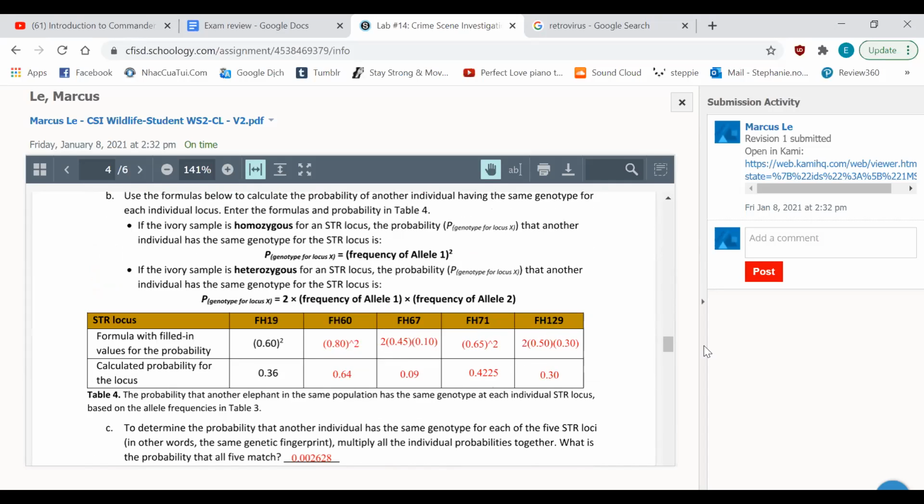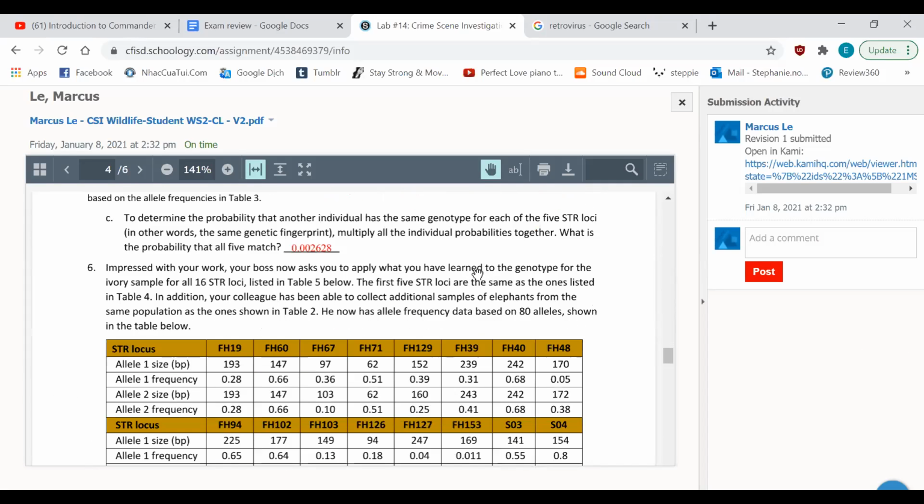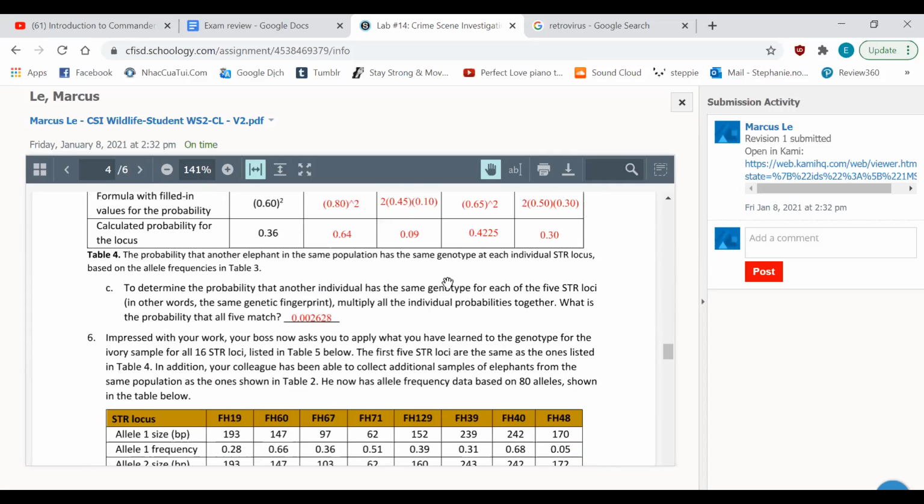Now, once I have the probabilities, how do I determine the chances that something is going to have the exact same DNA as the organism in question? Hint, hint, it's going to be very, very low.